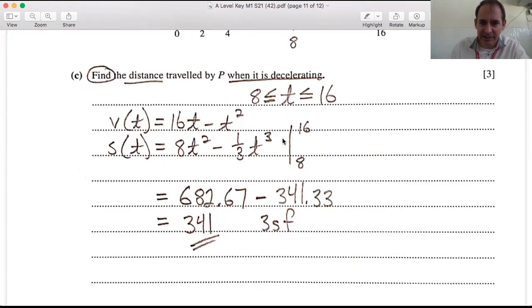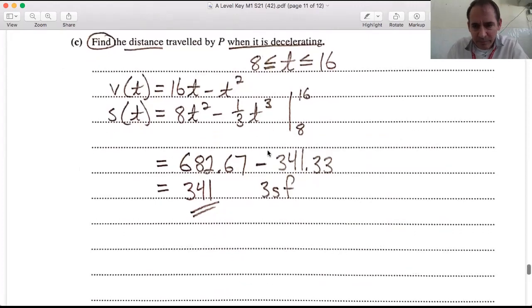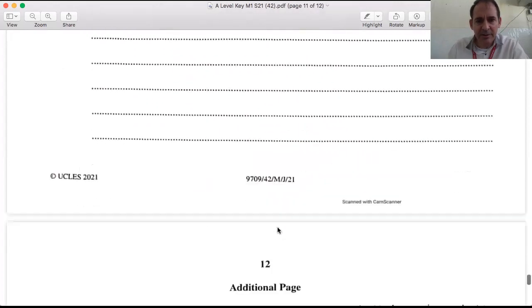Instead, I've just integrated it and showed it over here for the evaluation. So you plug in the 16, you get 682.67. Plug in the 8, you get 341.33. You subtract those because it's top minus bottom, and you get 341 meters to 3 significant figures.